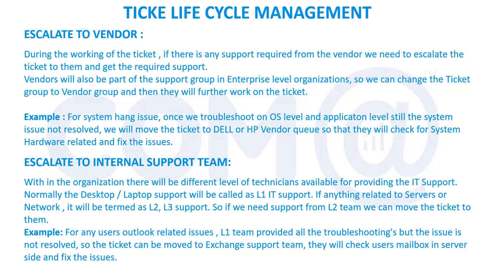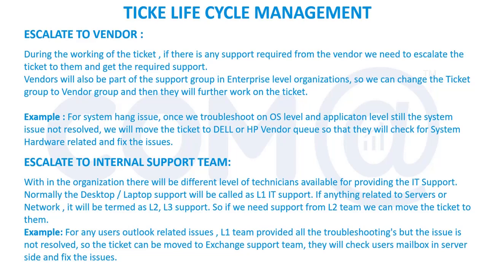So immediately we need support from the L2 team or L3 team in the Exchange tower, because they have the right privilege and access to the Exchange server, mailbox server. So we can escalate the ticket to the L2 or L3 level, and we'll have to update all the troubleshooting done and the interactions done with the user in the ticket, and then move the ticket to the L2 team.